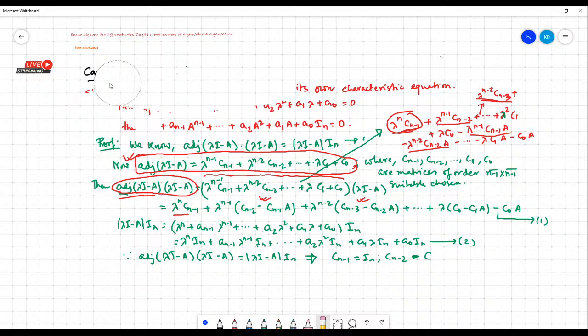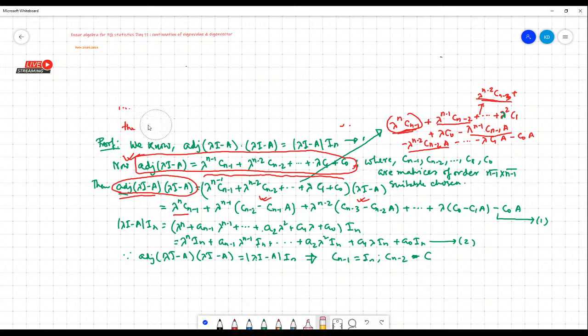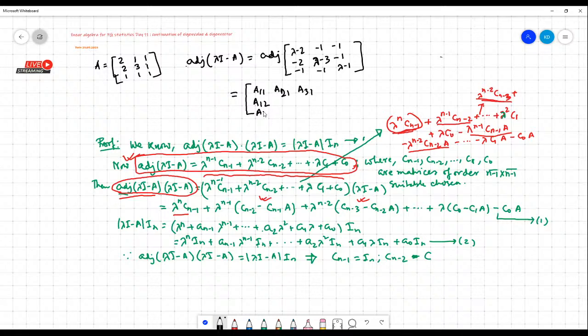Take that A is, suppose A is a 2 cross 2 matrix, and this is a cofactor.